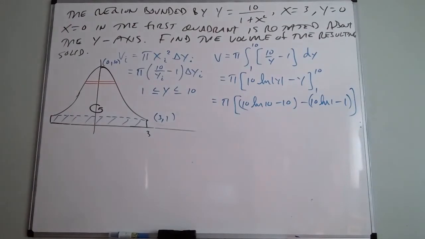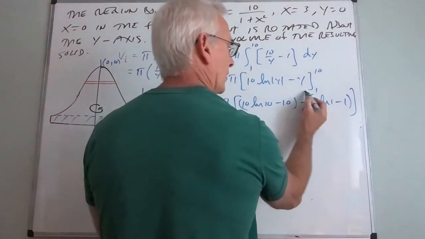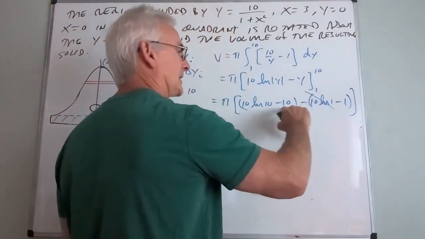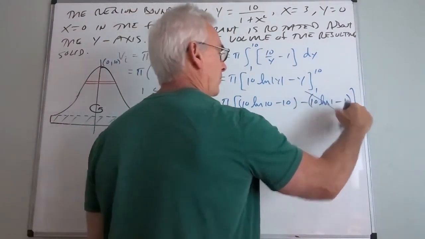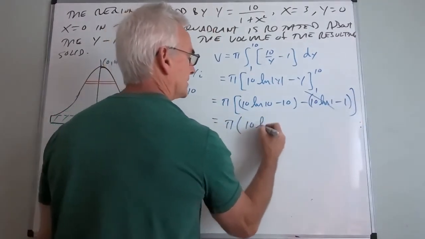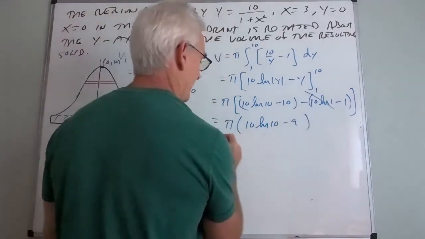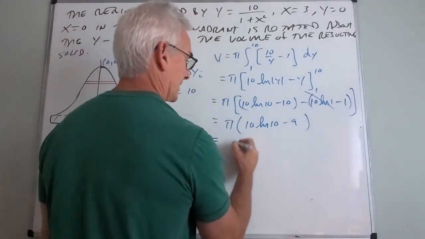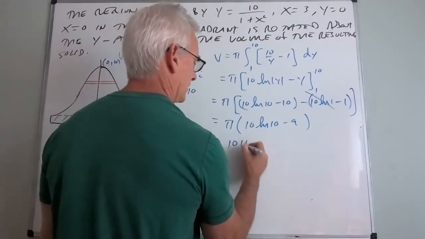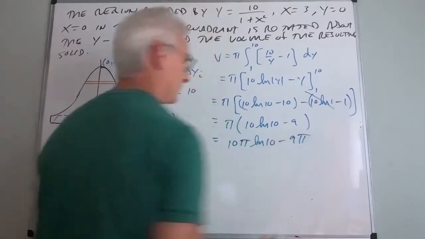Okay, everybody got that so far? Well, log 1 is 0, so I'm negative 10 minus negative 1. That would be pi times 10 log 10 minus 9. Or how about if I write that as 10 pi log 10 minus 9 pi.